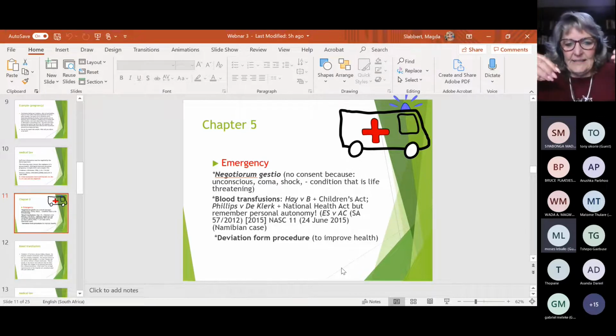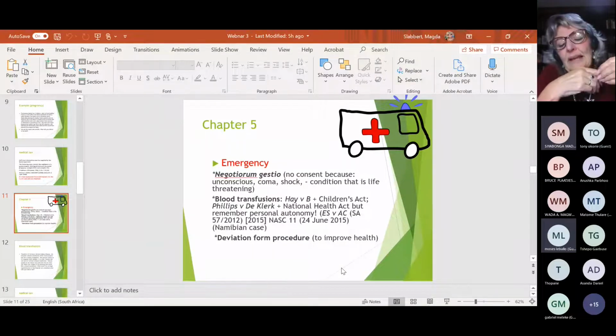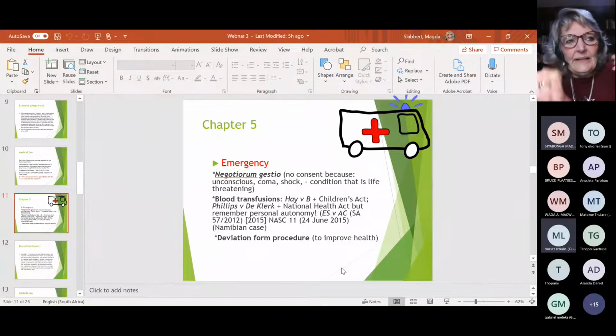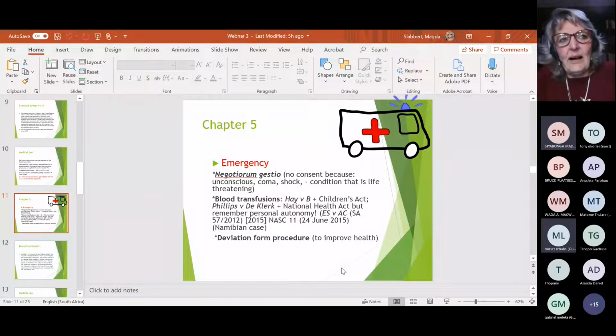They have to resuscitate because, depending on the grade of emergency worker they are, grade 1, grade 2, whatever, they're not allowed to make a diagnosis. So they cannot diagnose and decide that I'm going to be paralyzed and therefore leave me. They have to resuscitate, go to the ICU.